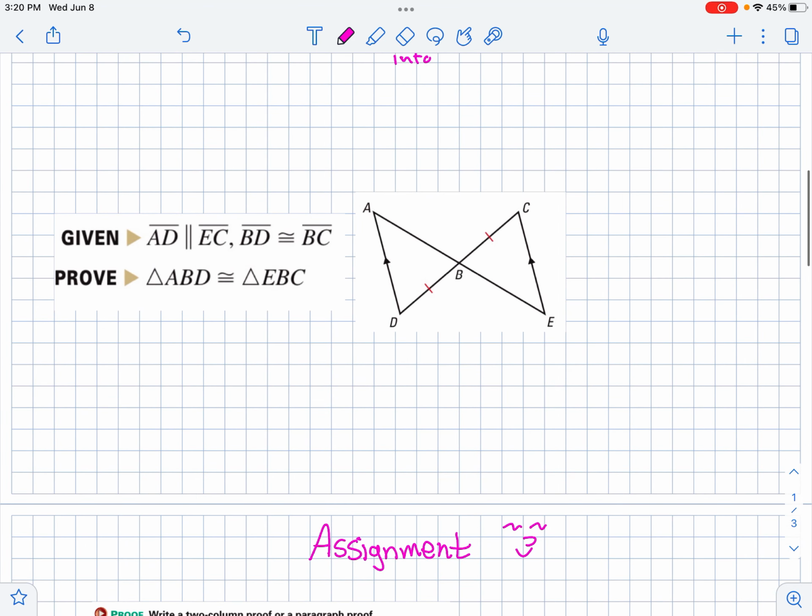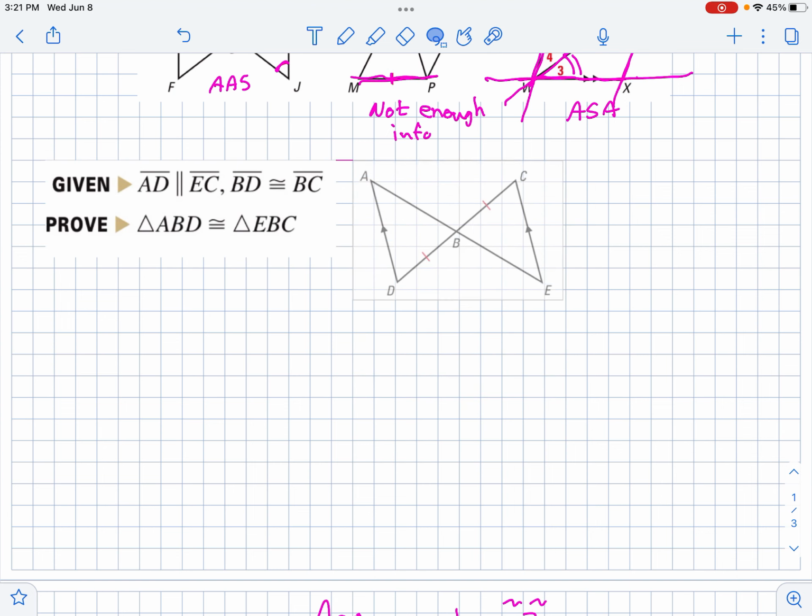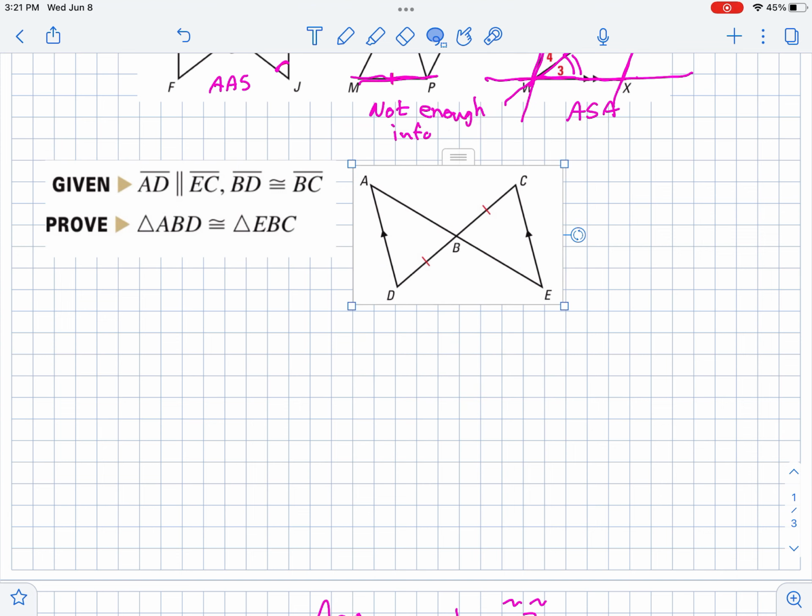Okay, now let's look at how we might proceed with a proof here. Notice with this one, AD is parallel to CE. That's one of the things we note right away. You see these little arrows indicating the two lines are parallel. Plus, it says it right here anyway.